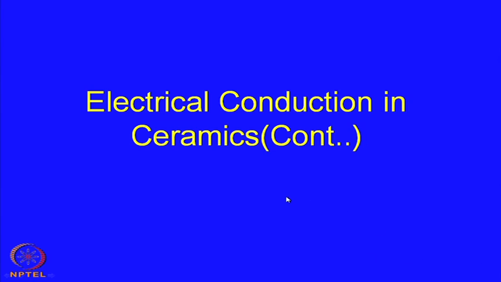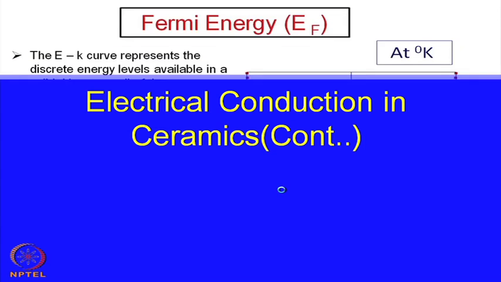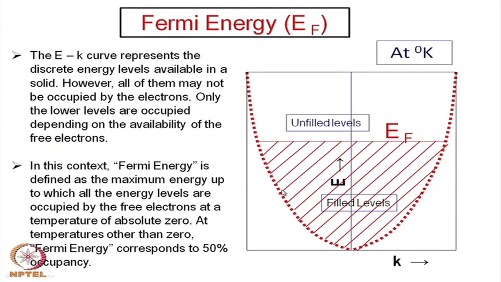In that context, we saw the energy diagram with respect to the k vector, and it was a parabolic function, and we also defined the Fermi energy, that is the highest energy up to which the energy states are filled up depending on the available free electrons in the particular solid.